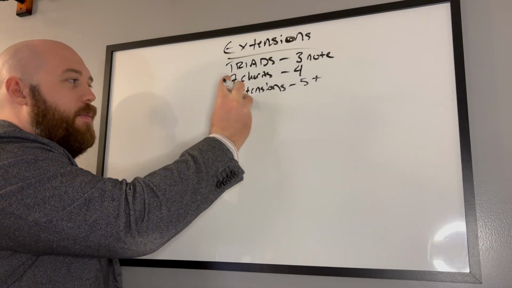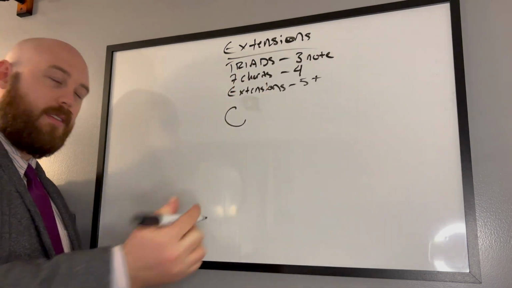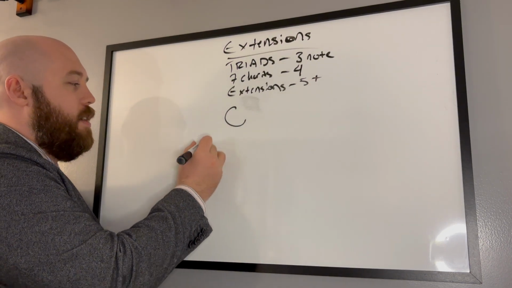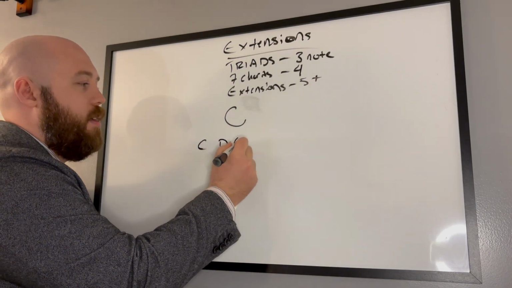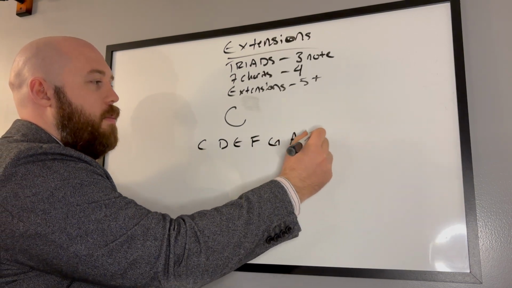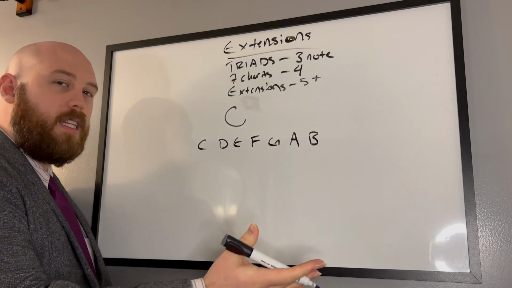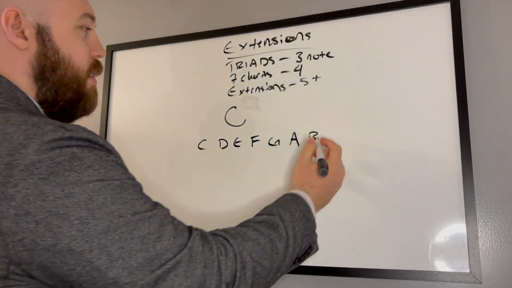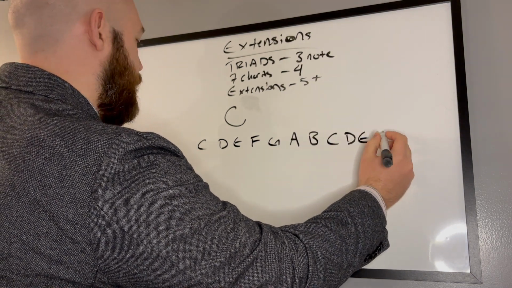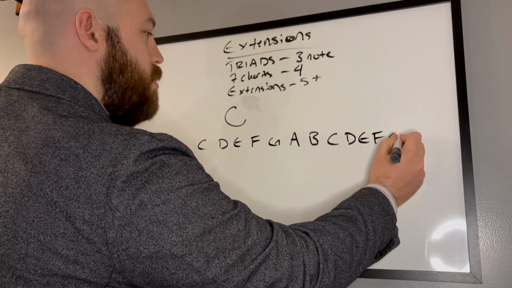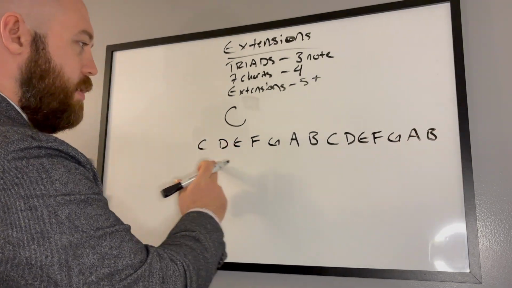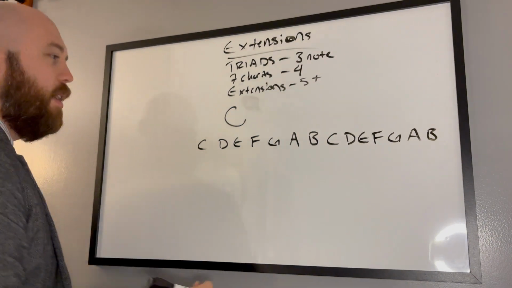So let's start over. We'll spell out the C scale because that's where all of this starts. Knowing your major scales. C, D, E, F, G, A, B. Now I'm going to do another octave of this just so you can see how numbers present themselves here. F, G, A, B. Okay? So it's the same scale. It repeats itself.